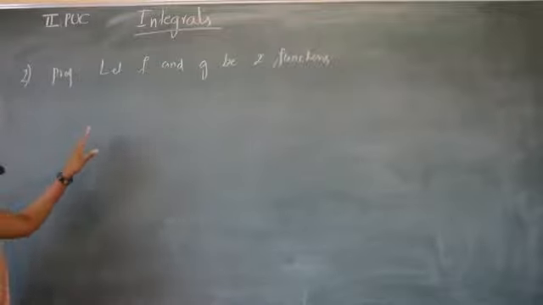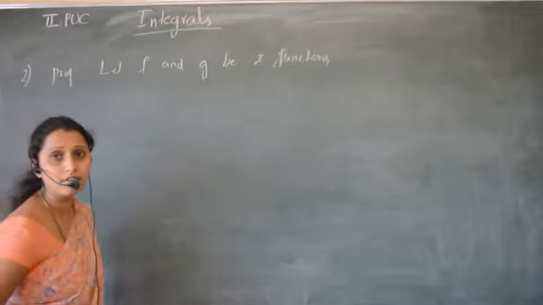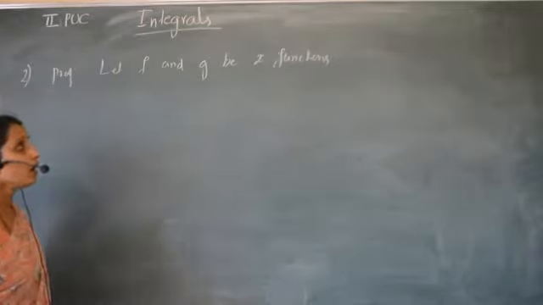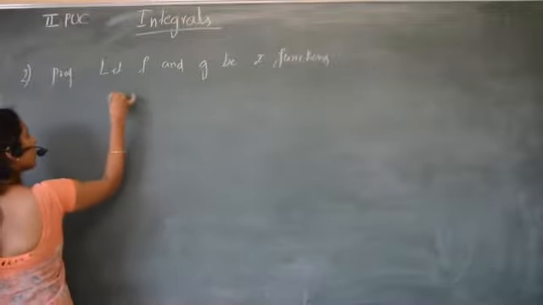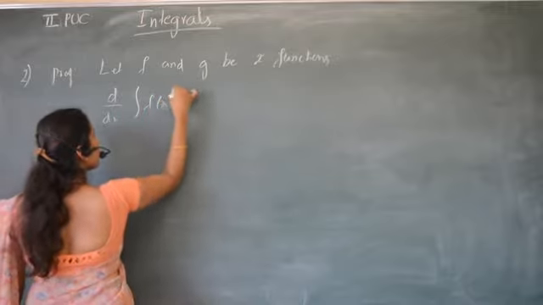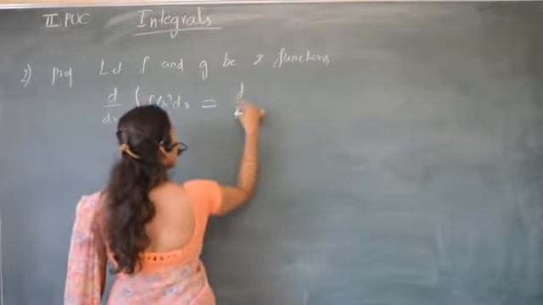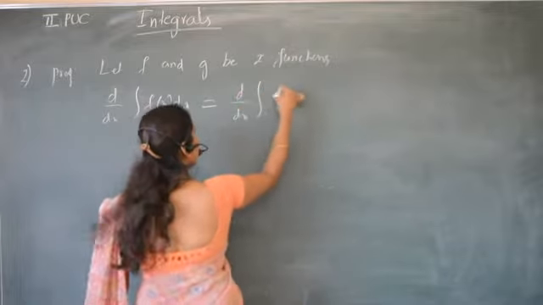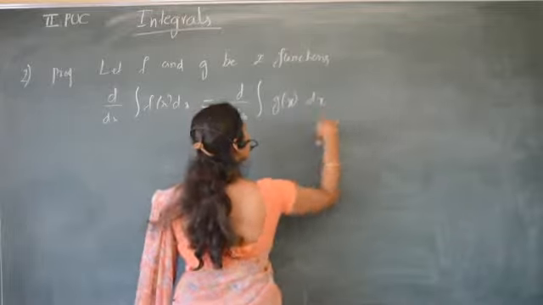So here f and g are functions, but these are indefinite integrals. They have the same derivative, which means the derivative of integral of f of x dx is equal to the derivative of integral of g of x dx.